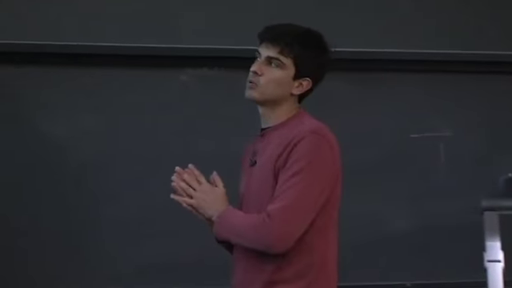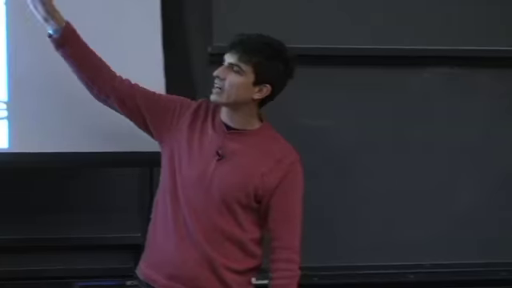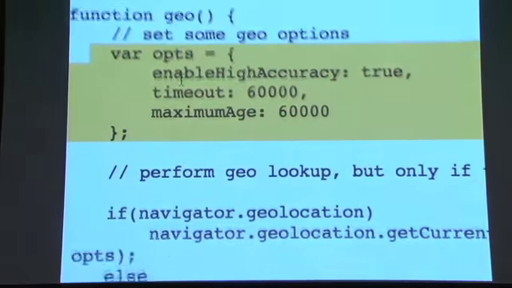And maximum age is the maximum amount of time that we will allow the web browser to cache that user's position before requiring that it fetches that position again. So it really depends on your web app. Some web apps may not need high accuracy, and some of them might allow for an extended amount of time for caching, but you can specify each of these things in this options object and pass it to the geolocation object through the getCurrentPosition method.